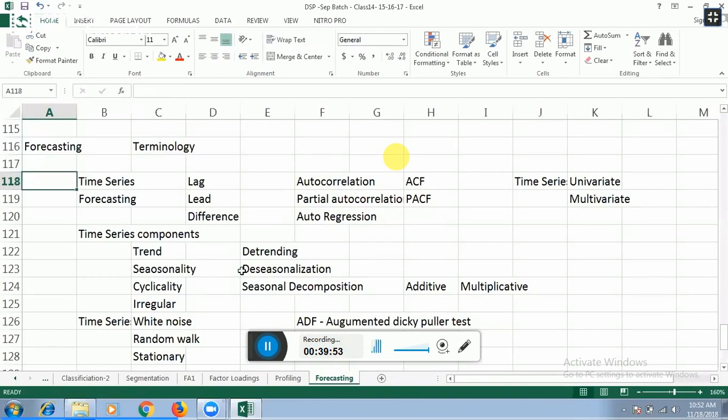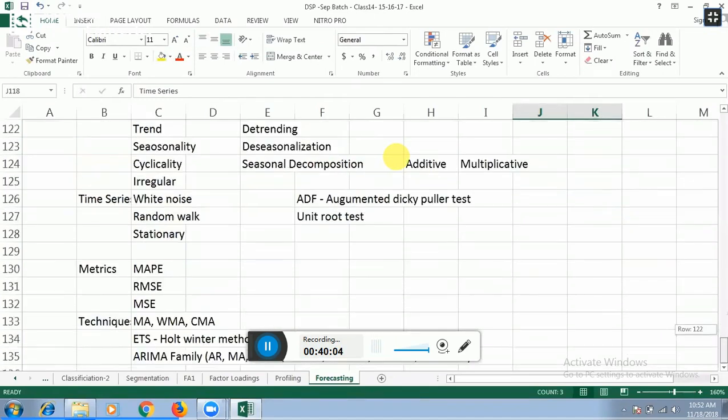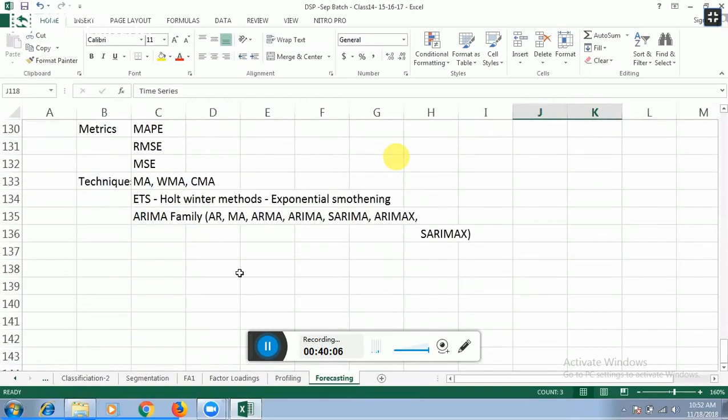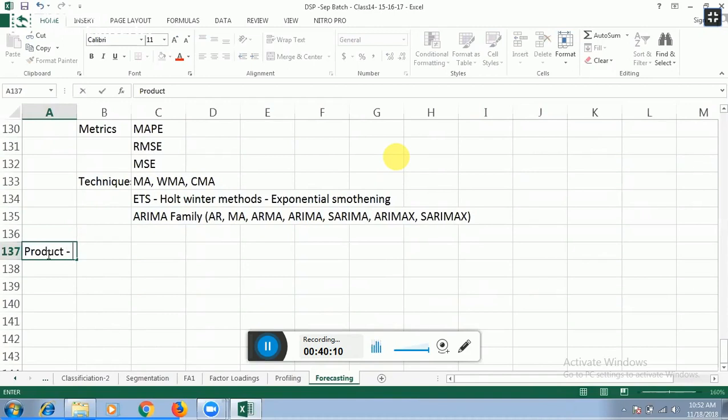Now let me explain univariate and multivariate time series. For example, you have a particular product, like I told you, a Wagon R car.